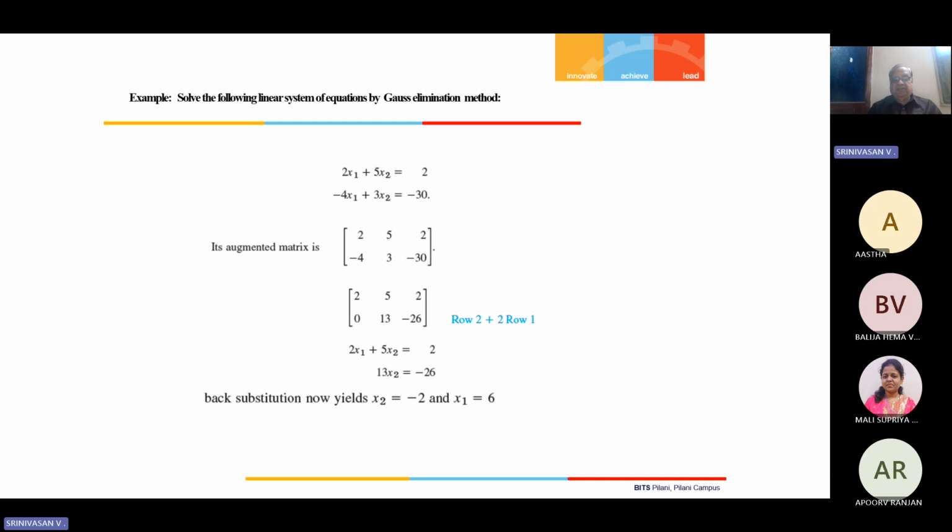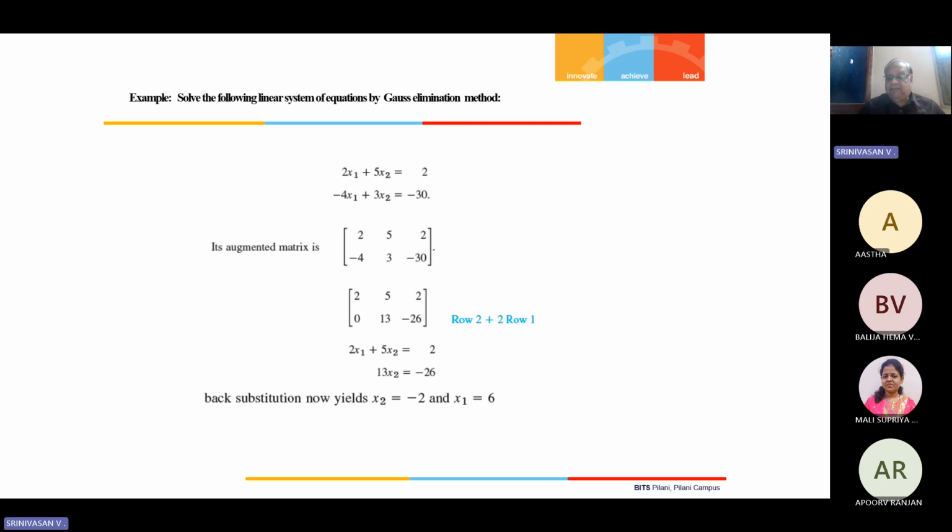Always we write the first component first and the second component next.